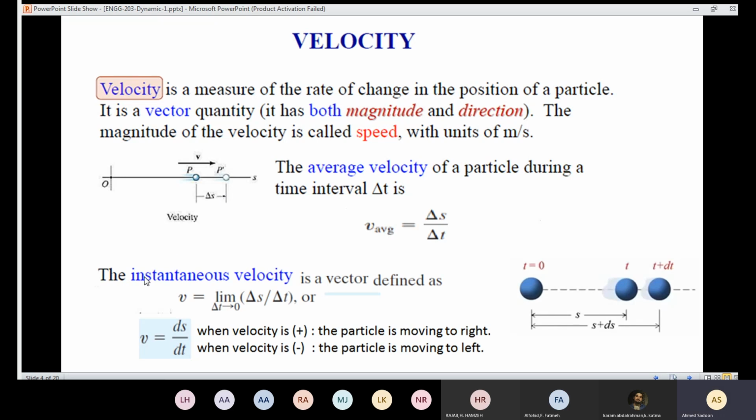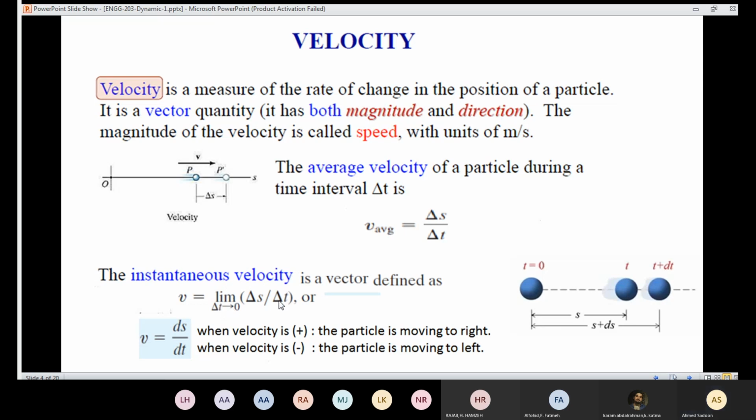Also, I can determine the instantaneous velocity. I need to know the velocity at a very small change. If those values, delta S and delta T, are very, very small, we need to know how to express the velocity. It can be defined as the limit of delta S over delta T when delta T is almost 0.